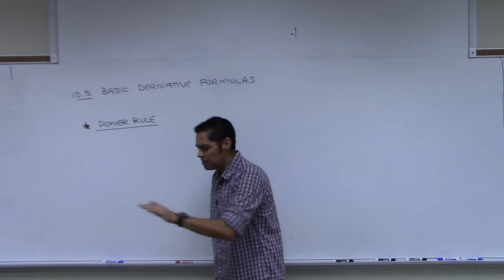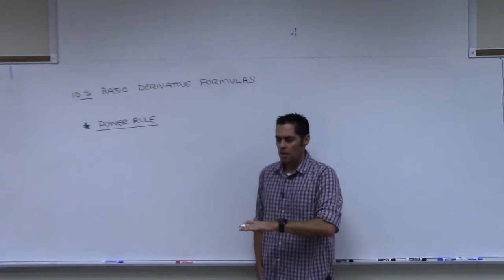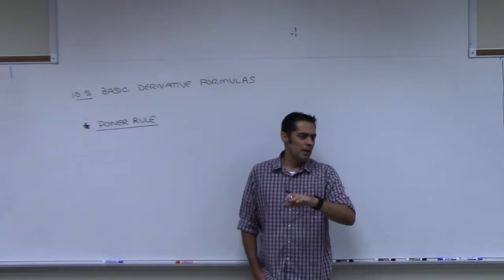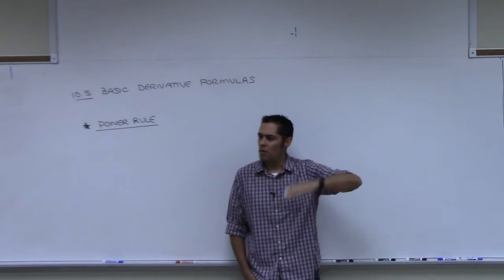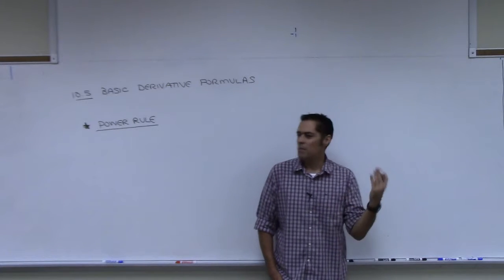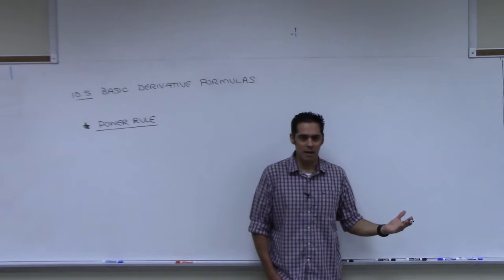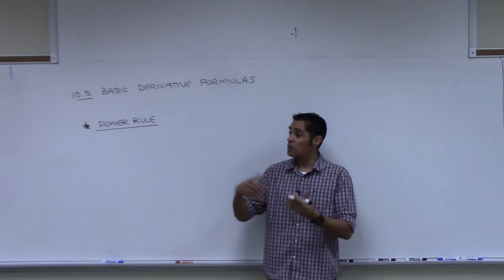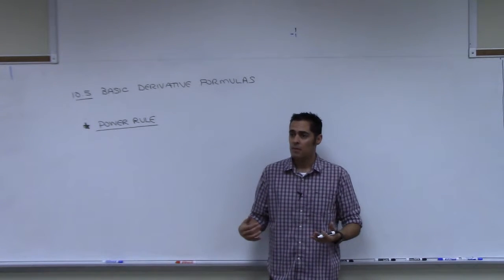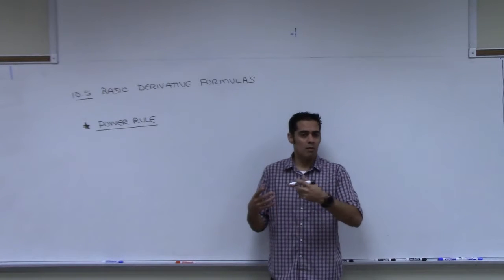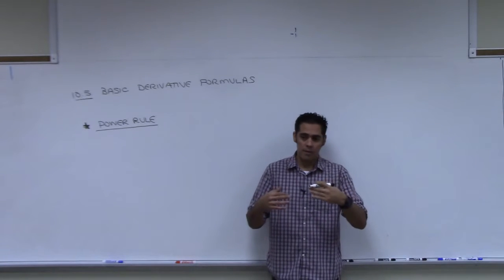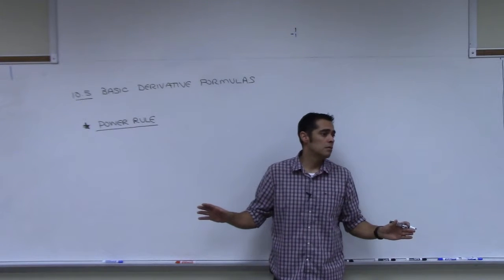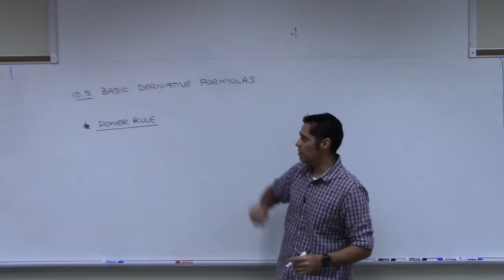So the idea here is this. If you're a business student, and you're having to try and figure out highest and lowest points on graphs, you don't want to be sitting here doing the limits all day, right? Because computationally, they're difficult, especially if your functions get more complicated. So there are rules that we've come up with that will allow you to take derivatives without having to do a limit at all. And here's the first rule that you can use.